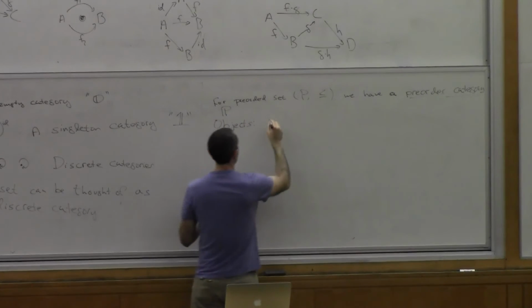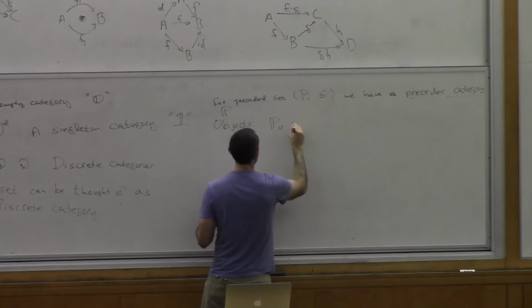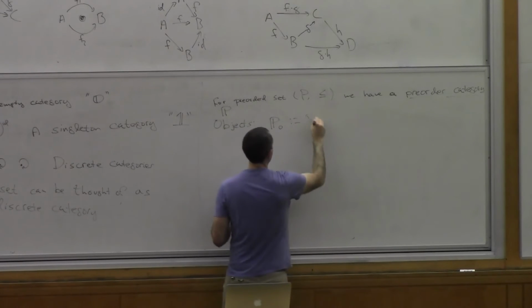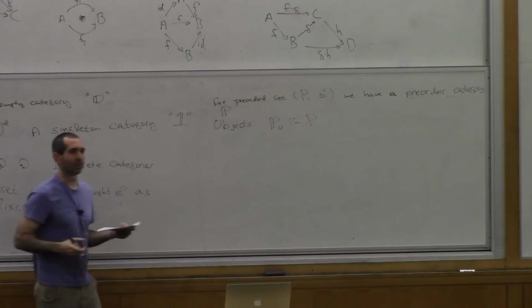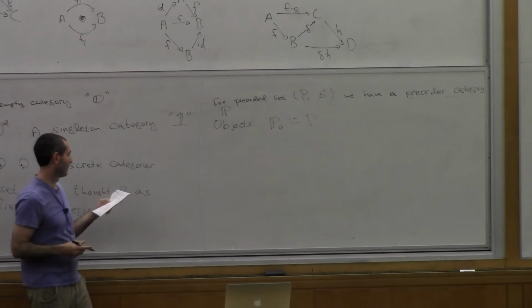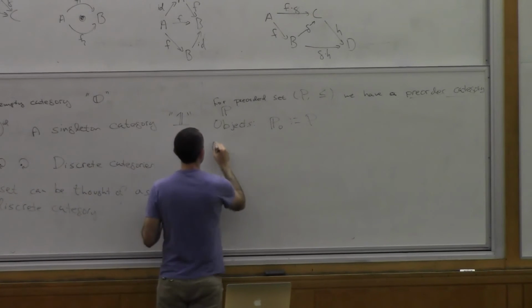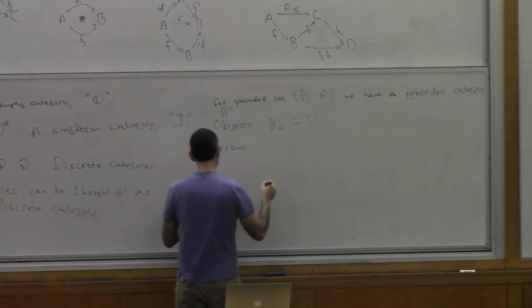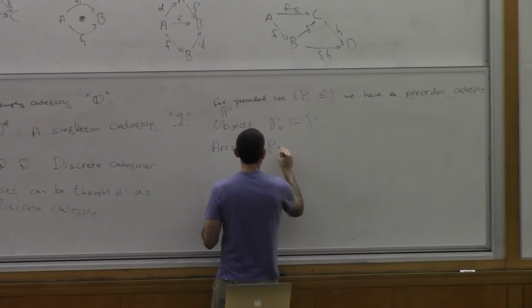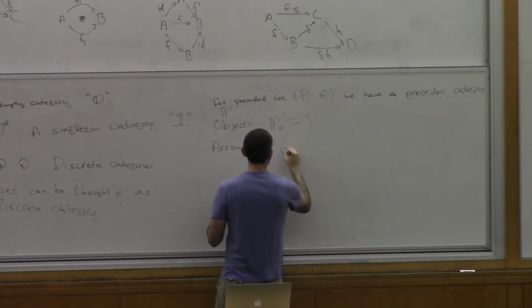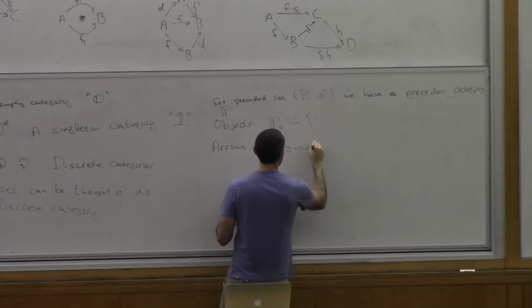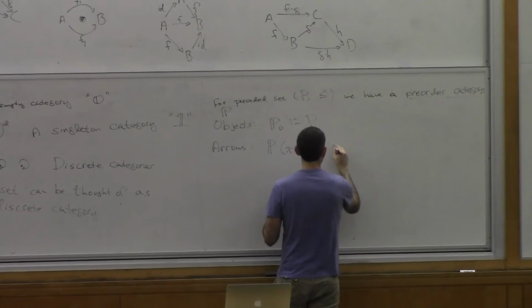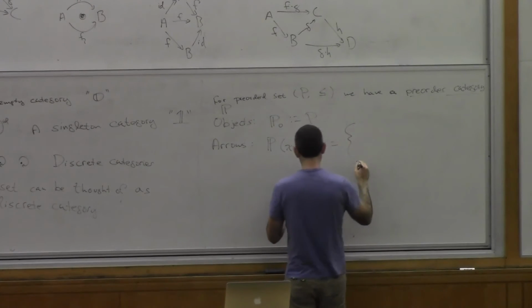Okay, so I have to tell you what its objects are. The object collection of this thing is just defined to be the set underlying the preorder. The arrows: in the hom of P from x to y, we have two possibilities.